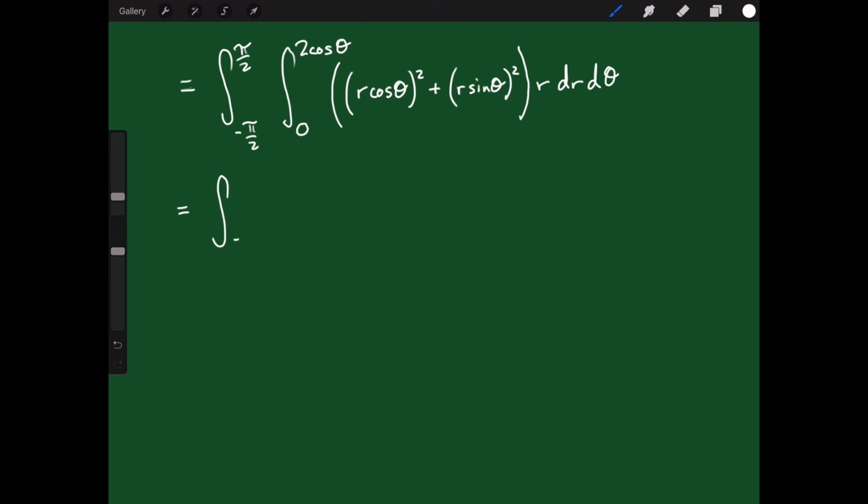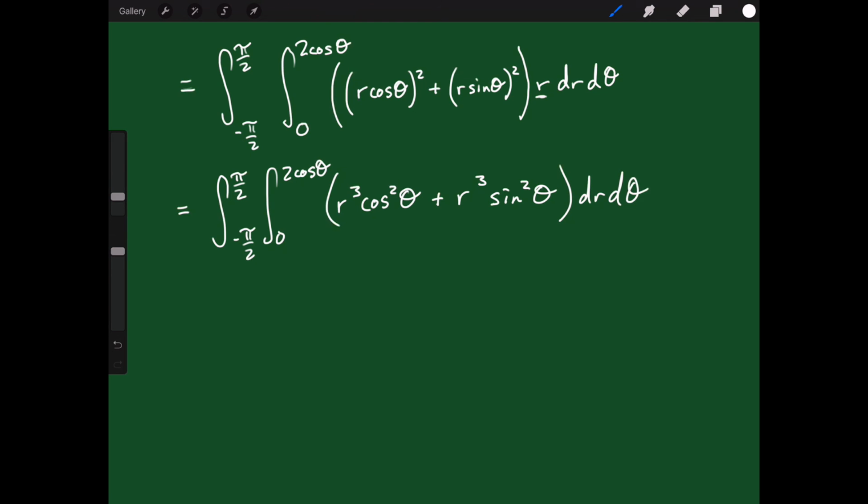Okay, so let's do a little work here and simplify this. So I get integral from minus pi over 2 to pi over 2 of integral 0 to 2 cosine of theta of, now let's square these out and multiply through by this r. So I get r cubed cosine squared of theta, plus r cubed sine squared theta, dr d theta.